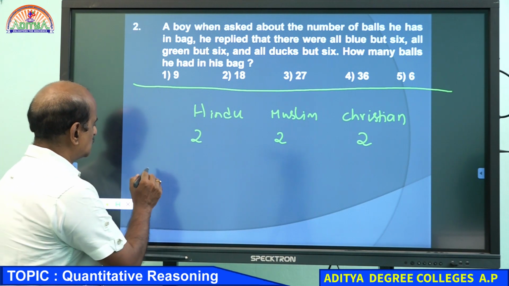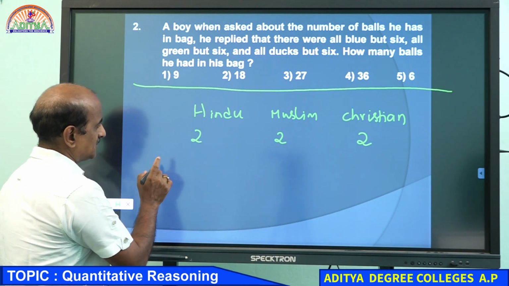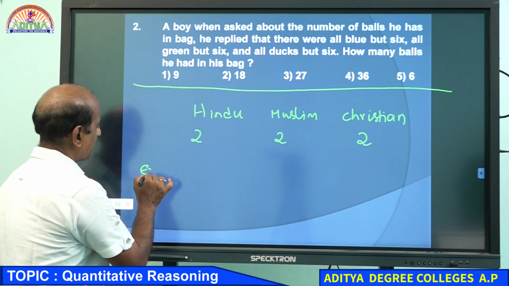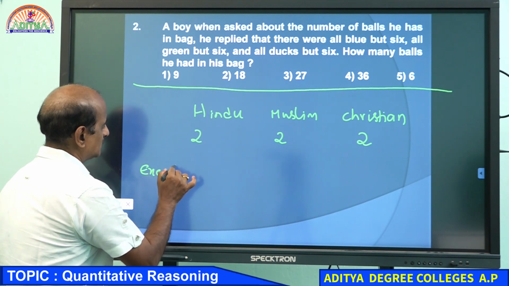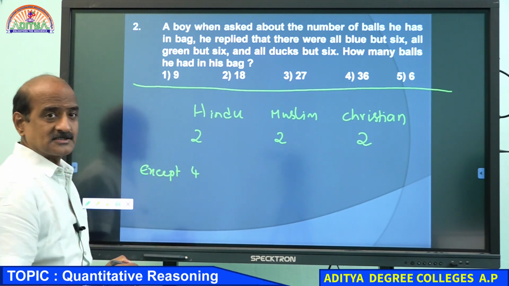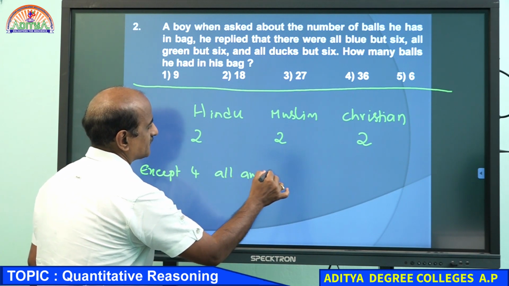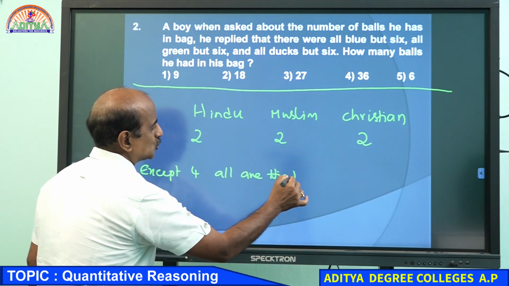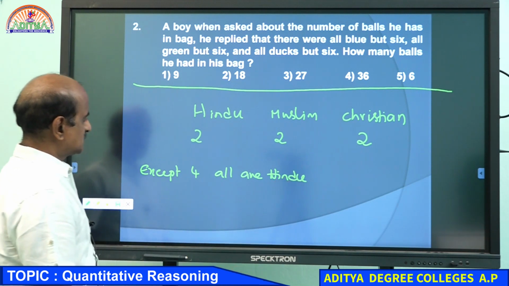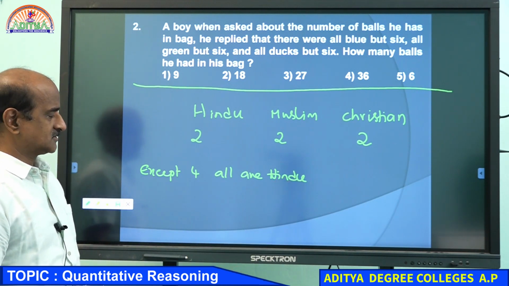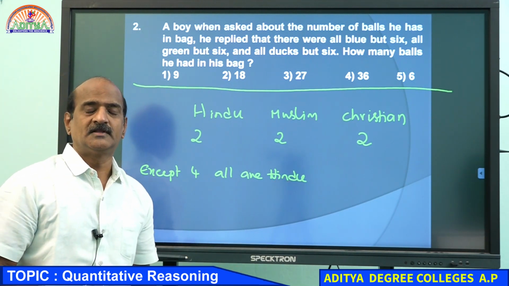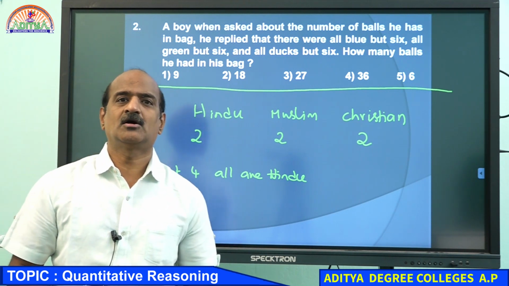In this particular school, except for these, all are Hindus. Please comment whether my statement is right or wrong.